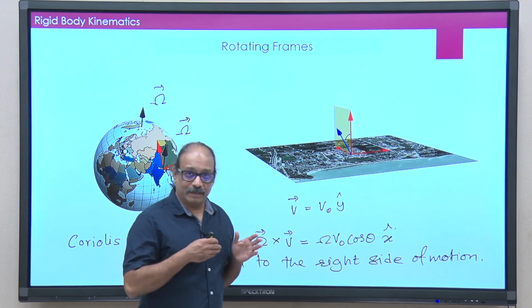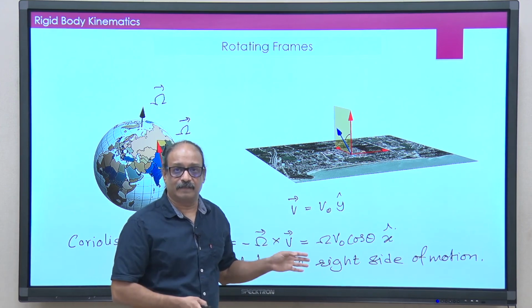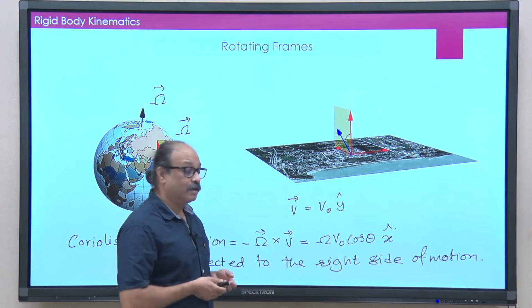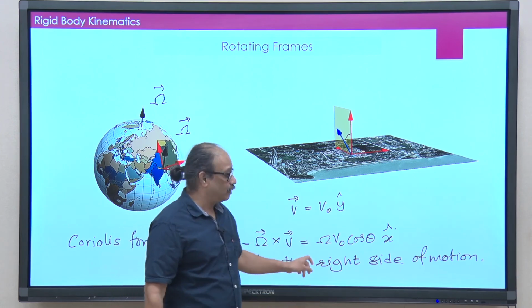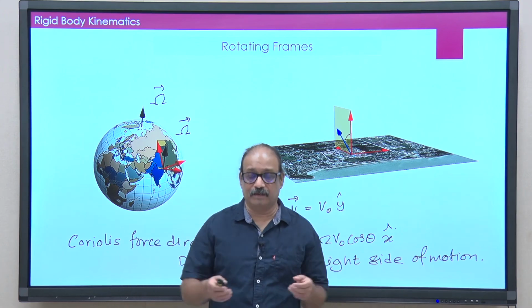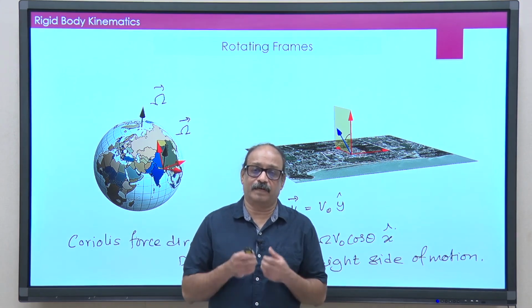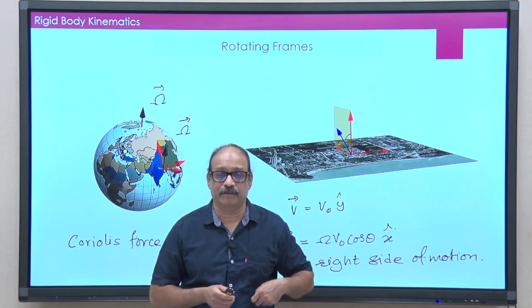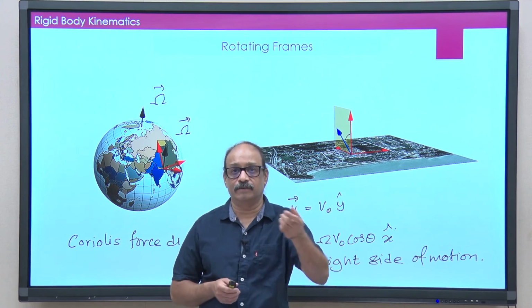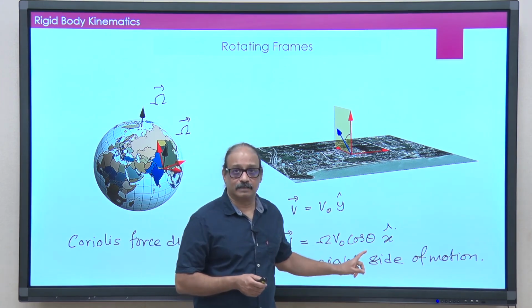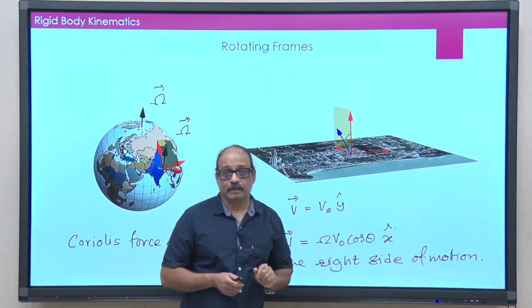If you are traveling in a direction, you will always be deflected to the left. Because omega is small, you would not see this effect on a smaller scale. But for example, if you have a projectile like a rocket which you are firing from one continent to the other, you will have to worry about this Coriolis deflection.